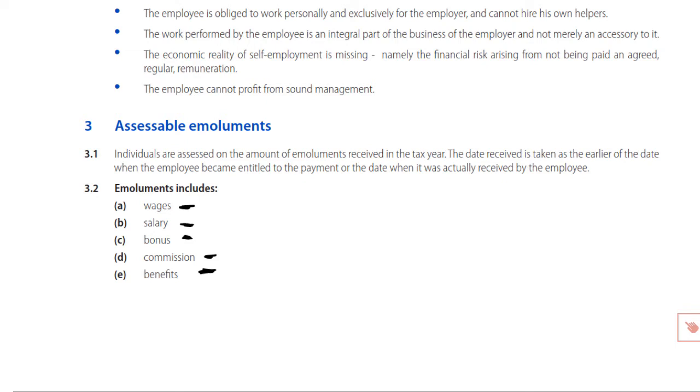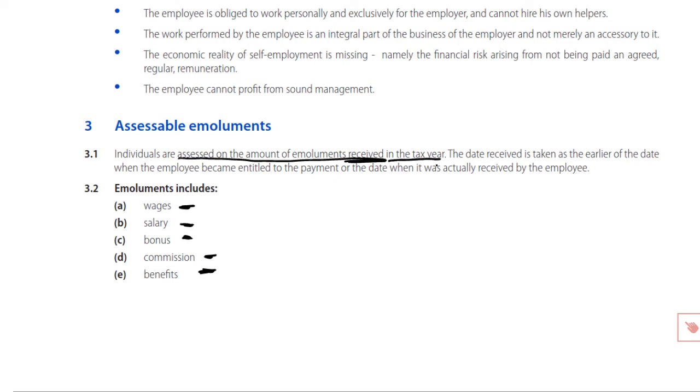So individuals are assessed on the amount of emoluments received. That's the overall employment income package: wages, salaries, bonuses, commissions and benefits. And we're assessed on, as we already know, the amount received in the tax year.